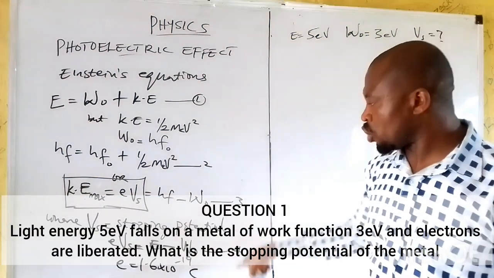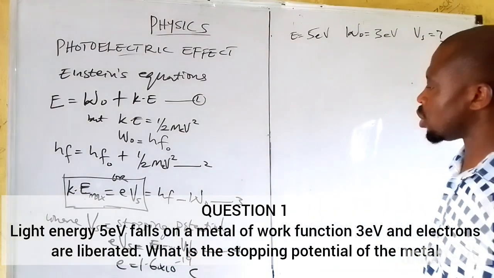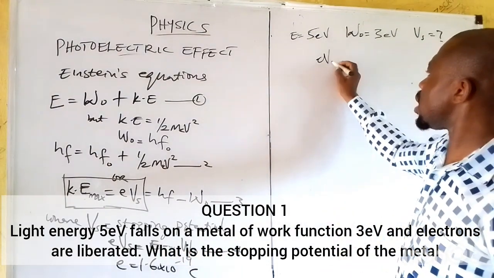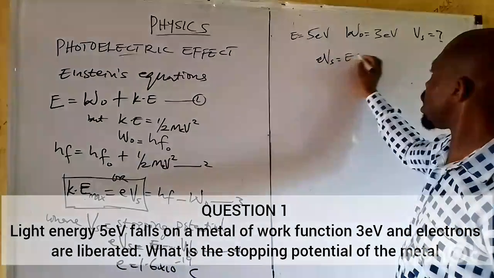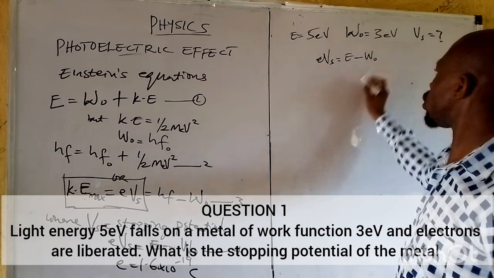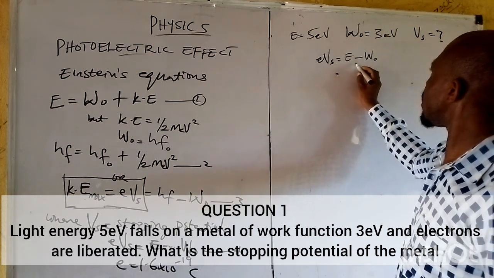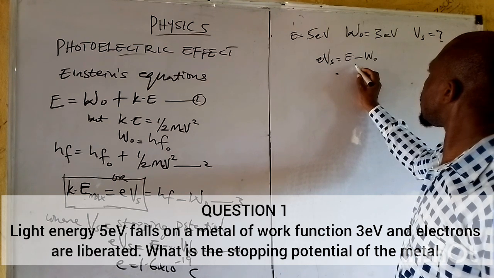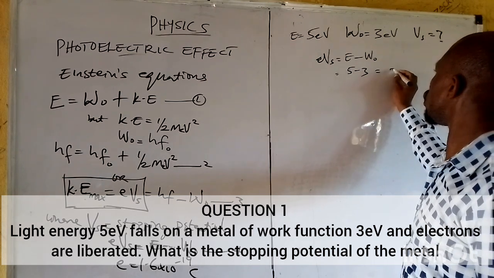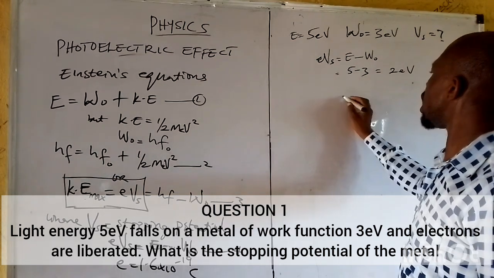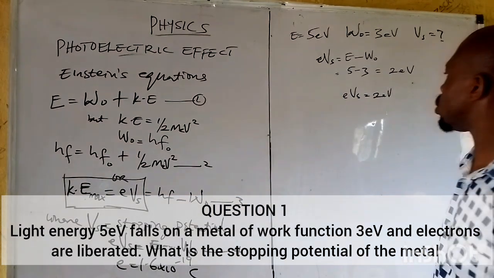The only equation that will help us here is this equation, which gives us eVs is equal to E minus the work function. E is 5 minus 3, which gives us 2 electron volts. Remember, eVs is equal to 2 electron volts.